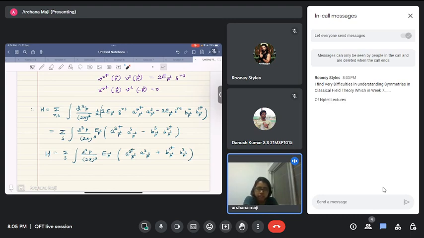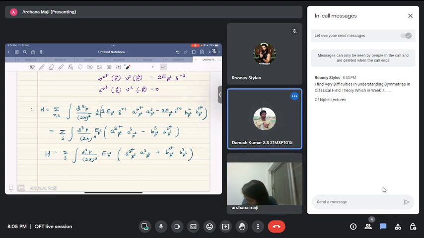So can somebody tell me what is being taught there? Is it Noether's theorem? It's the basics. No, it's the basics of symmetries, not Noether's theorem. Noether's theorem comes under week 8. It's basics of some symmetries. What kind of symmetries? Parity symmetry?